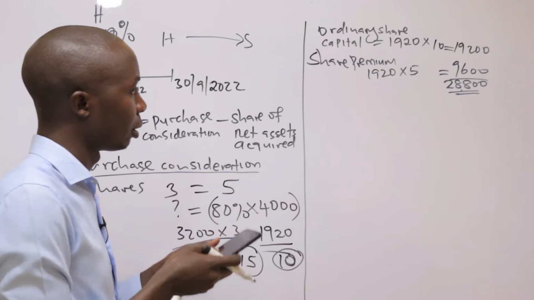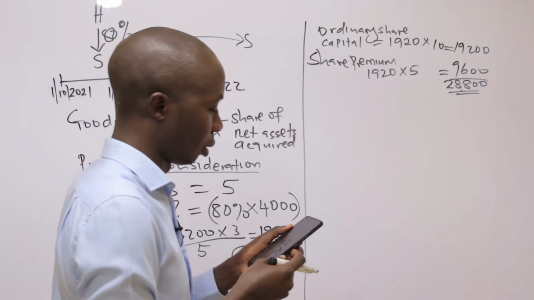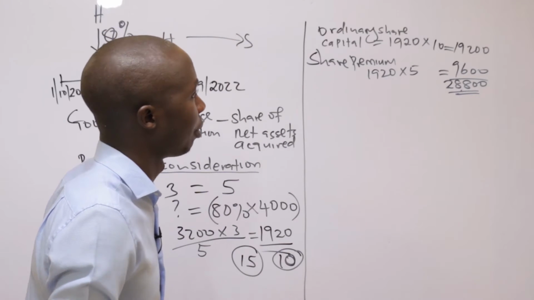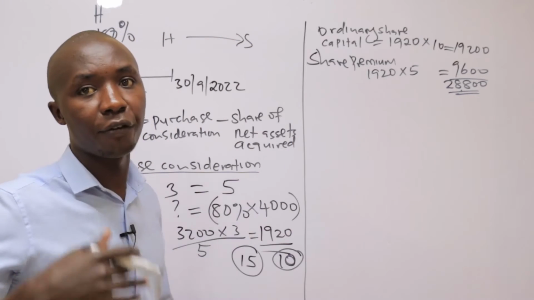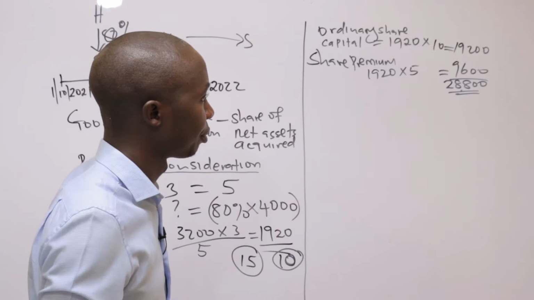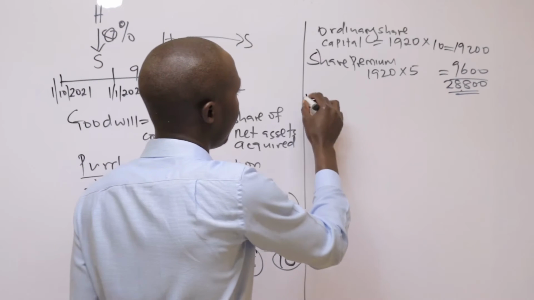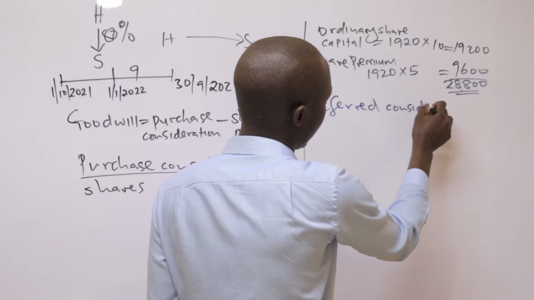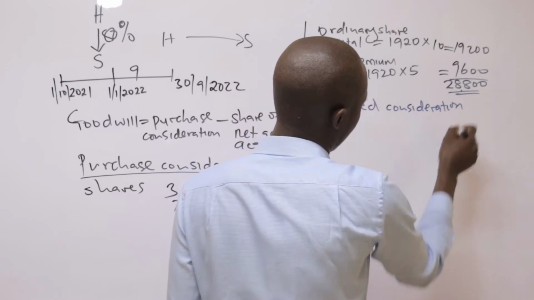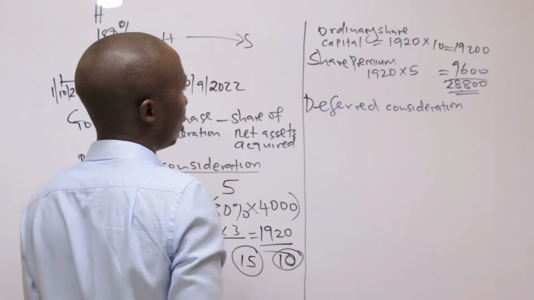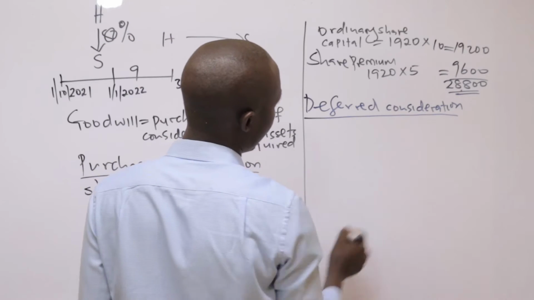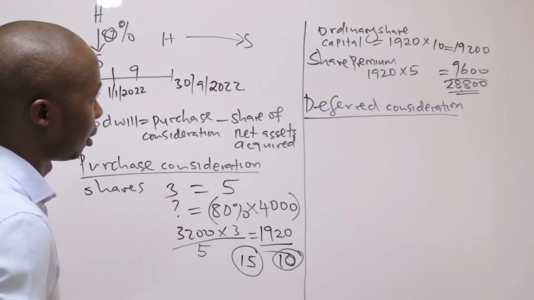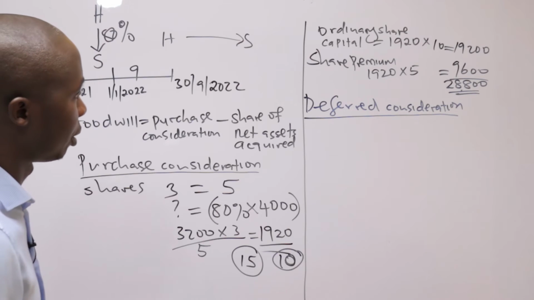For 1 year it is 0.9091. So the further consideration paid in the future, we need to do what? The deferred consideration must be discounted to the present period.